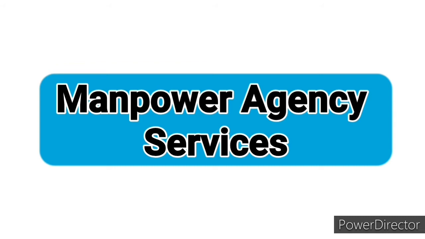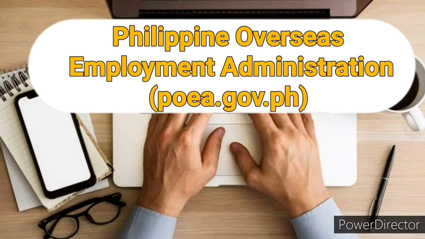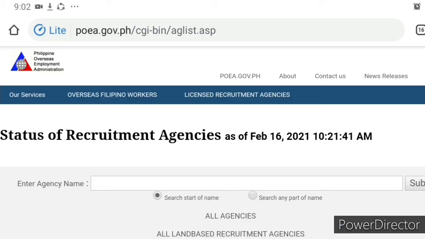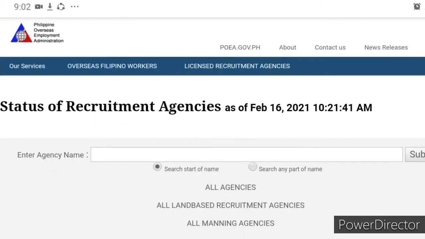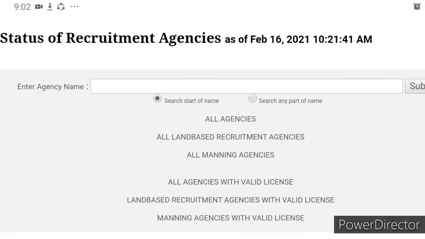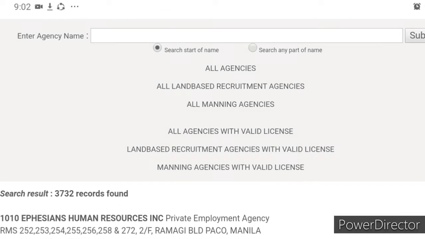If you search online, there are so many manpower agency services. For example, if you visit the Philippine Overseas Employment Administration official website, POEA.gov.ph, you will find various manpower agency services.